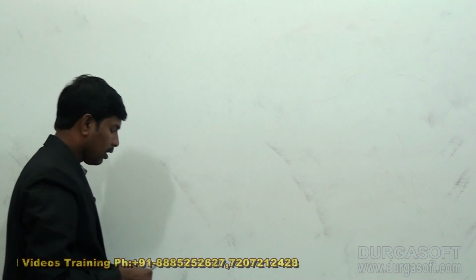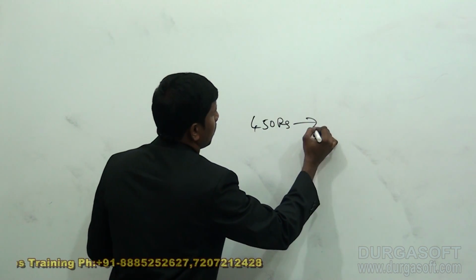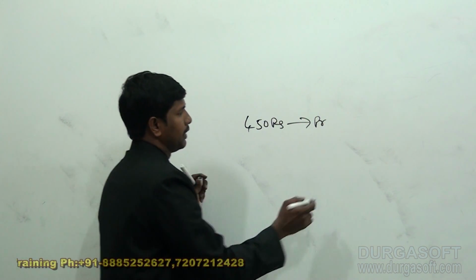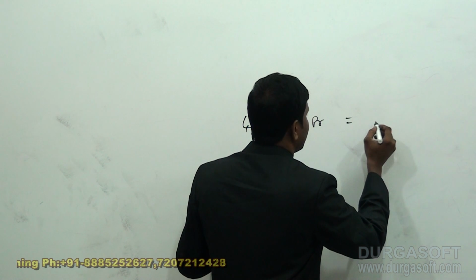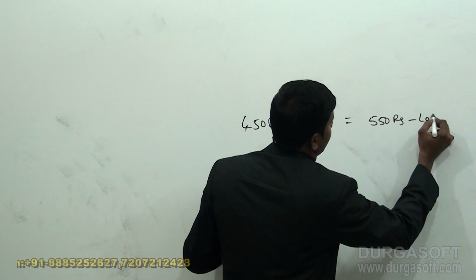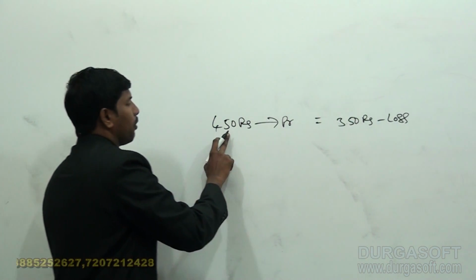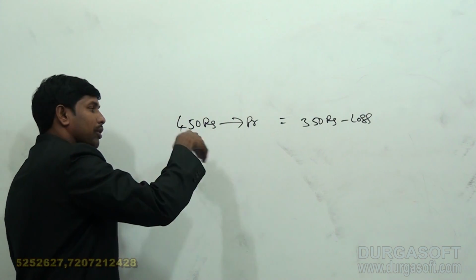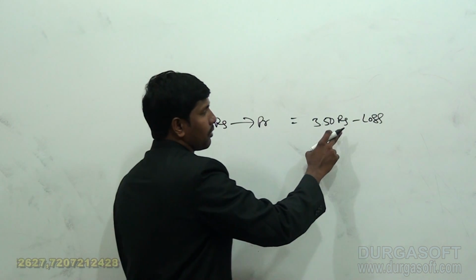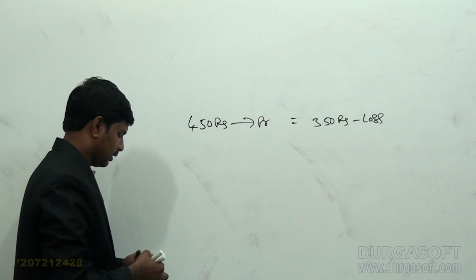Let me take another case. When I am selling one article at 550 rupees, I get a profit, and when I am selling the same article at 350 rupees, I get a loss, and the profit in that case is equal to the loss. Now what I want is the cost price.